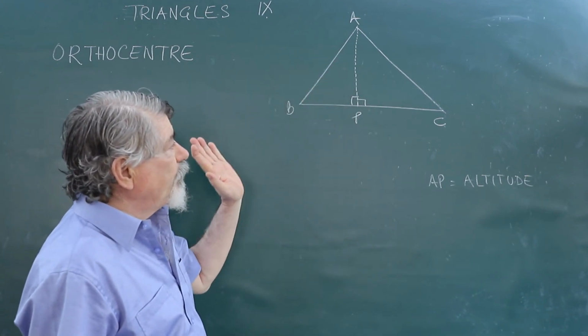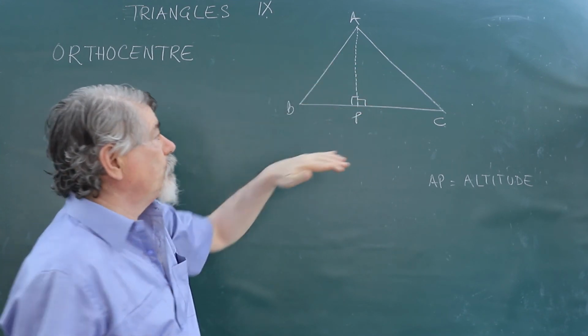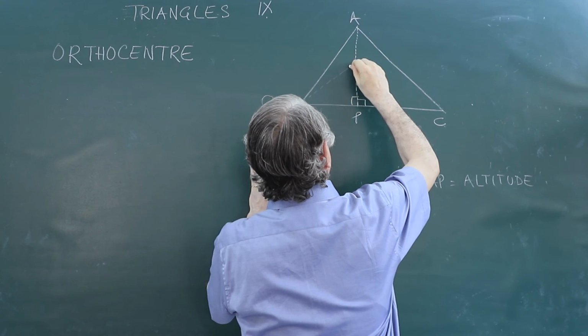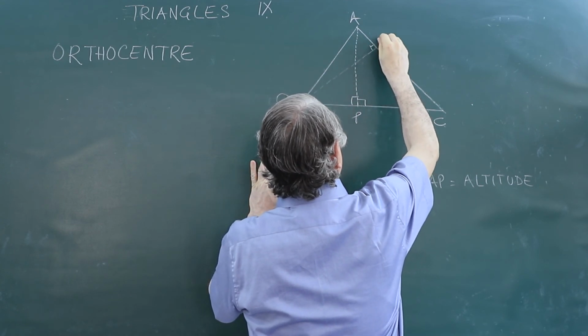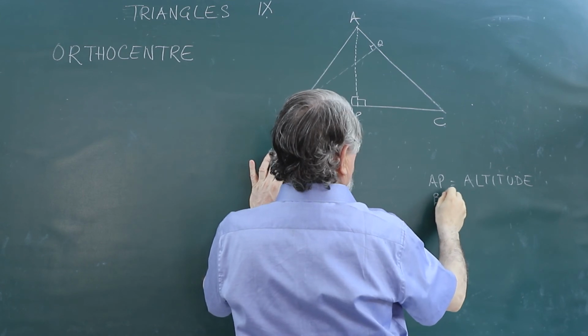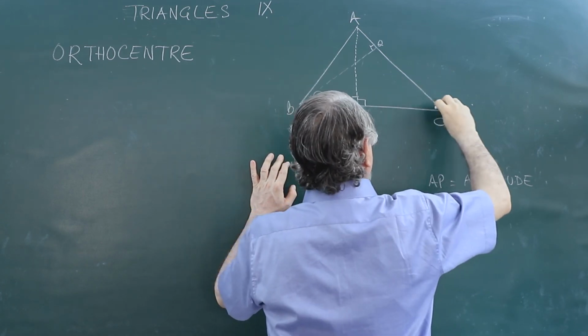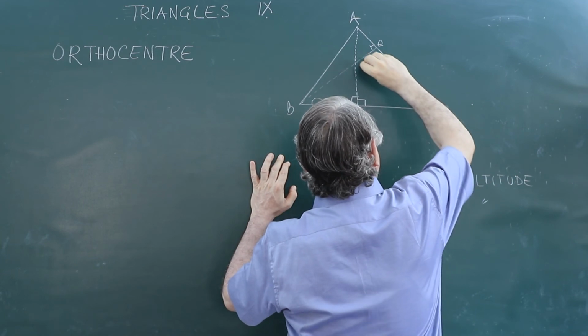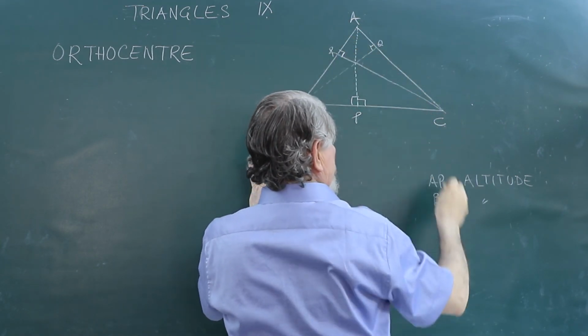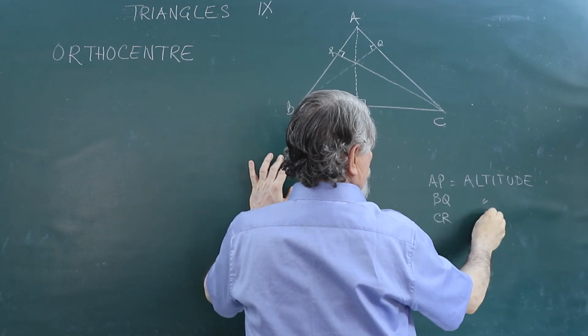Similarly, if from vertex B I drop a perpendicular onto AC, then I'll get this. BQ is an altitude. And if I drop from C, CR is an altitude.